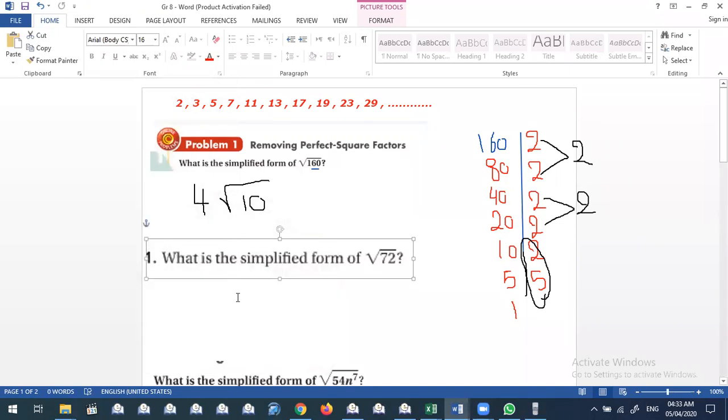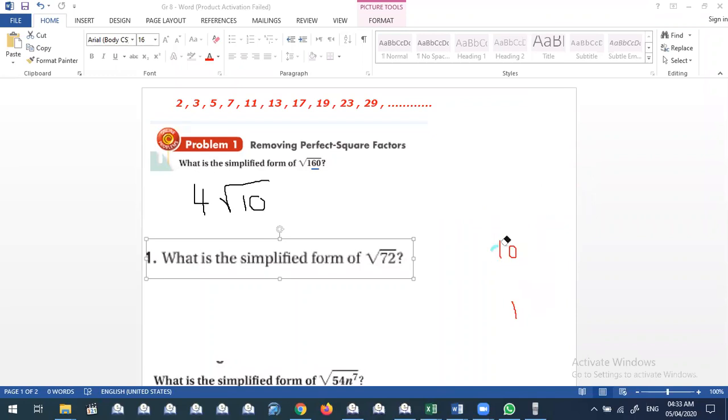Another exercise: what is the simplified form of square root 72? By using the same way, draw the line, the factorization line, and write here 72.